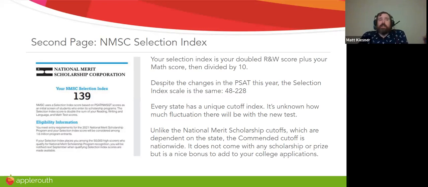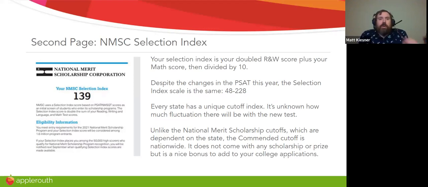There's not a reading and writing subscore, because those questions, the reading being reading comprehension and the writing being grammar, are now integrated into modules that combine reading and writing, and they don't give you any sort of subscores other than those bars. But the National Merit has just kind of doubled down on that thinking.